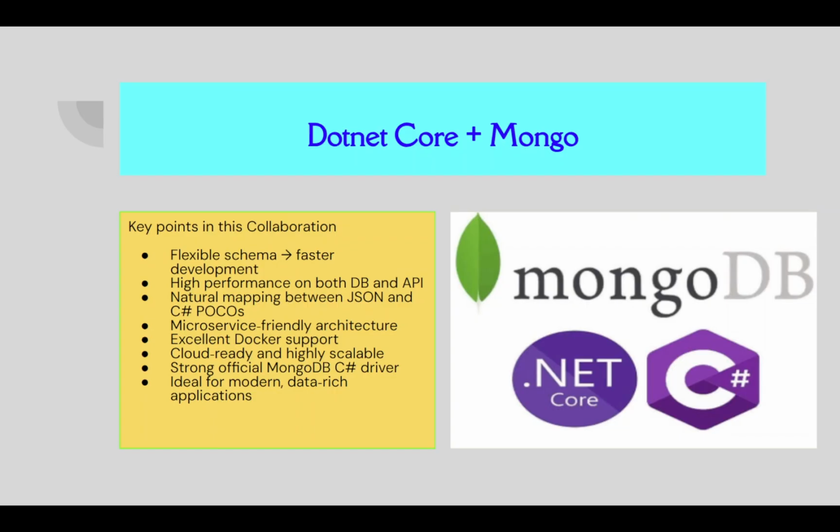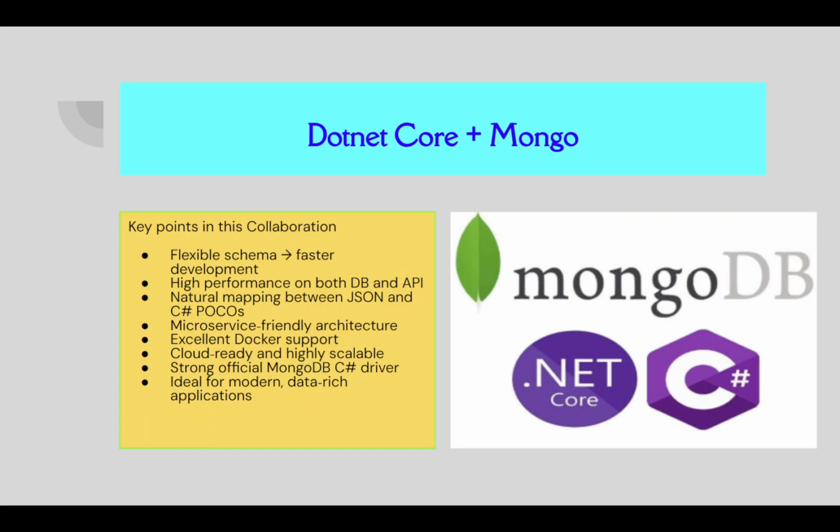C# POCO classes plus MongoDB documents map one-on-one, so that reduces boilerplate code. That's why flexible schema and faster development is possible by using the MongoDB and .NET Core combination, and high performance on both sides.